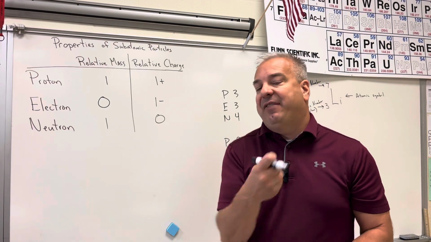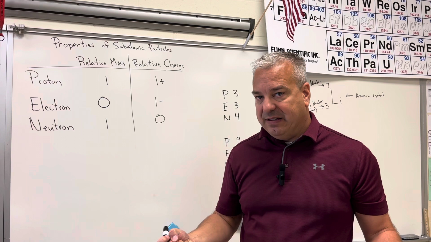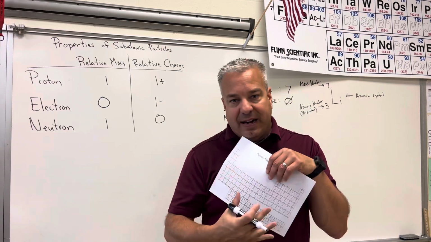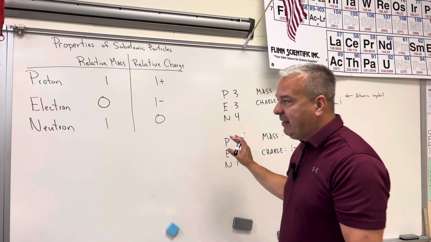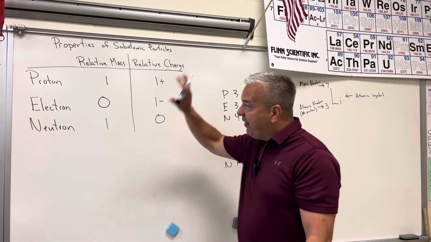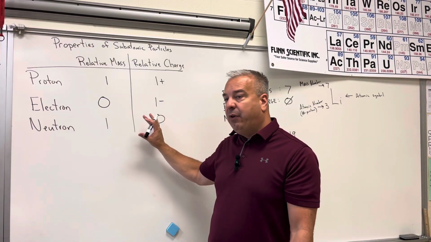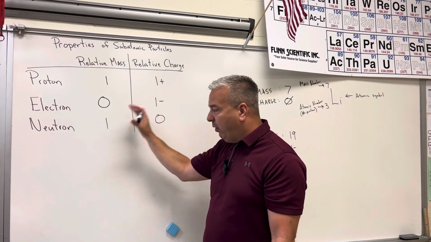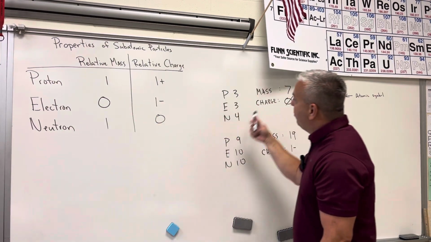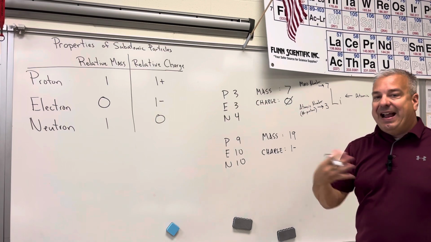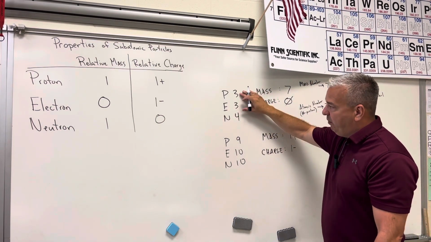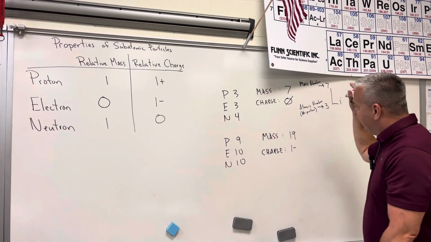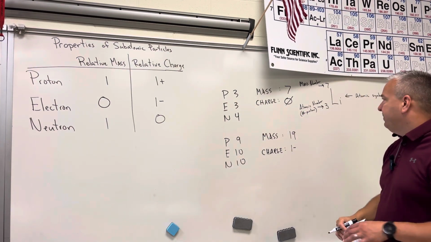But I don't have a half student in each of my classes. So this number on the periodic table, just remember, that's an average. But when we're calculating protons, electrons, and neutrons, they're whole things. You can never have a part of a proton or electron or a neutron. So the mass number has to be a whole number as well. And in this situation, with 3 protons and 4 neutrons, that mass number has to be 7.